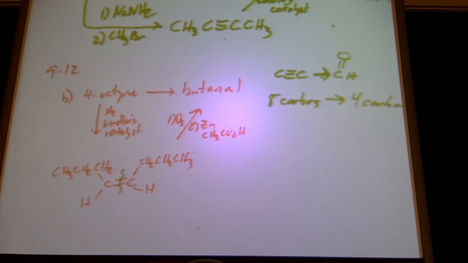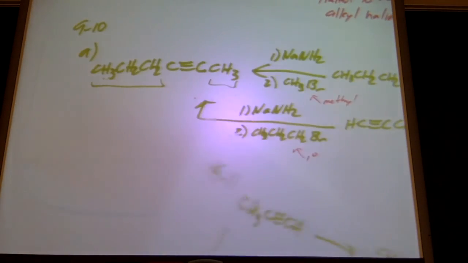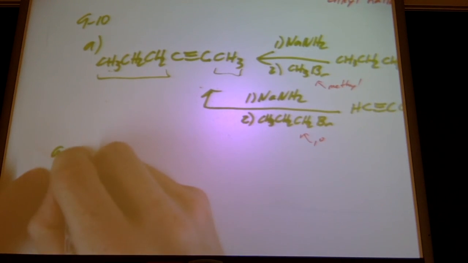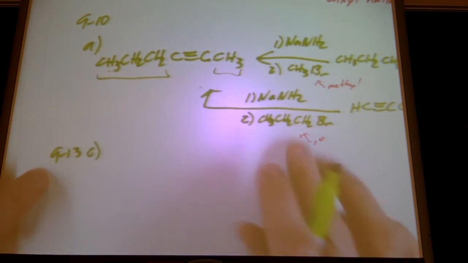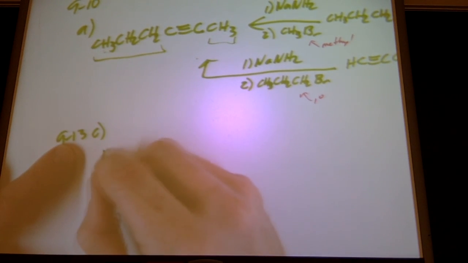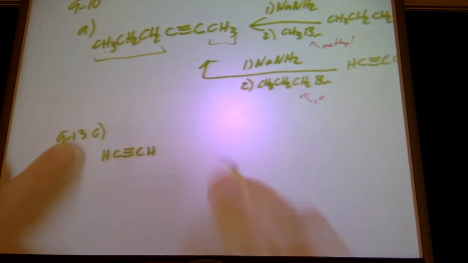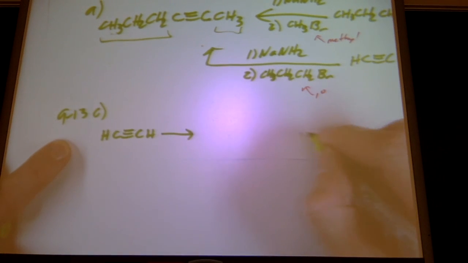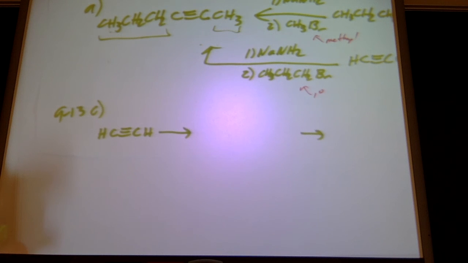Let's look at 9-13. Let's look at C. So I'll make hexanal. So I'll start with acetylene. Acetylene is your simplest alkyne.